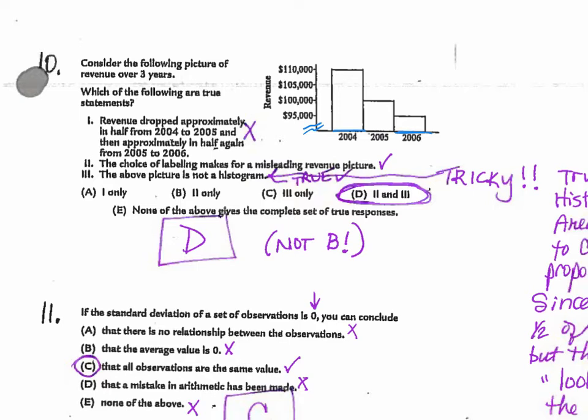Okay, there are a couple of reasons why it is not a histogram. First, your histogram cannot violate the area principle. So since this looks 4 times bigger than 95,000, but it is not, that violates the area principle. So it has to be drawn to scale in order to be a histogram.